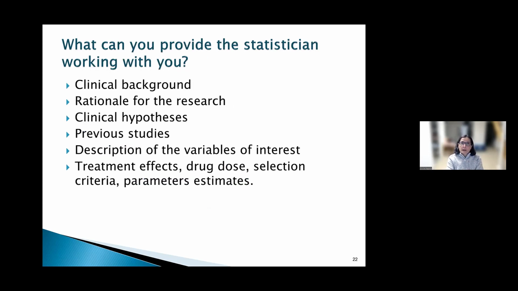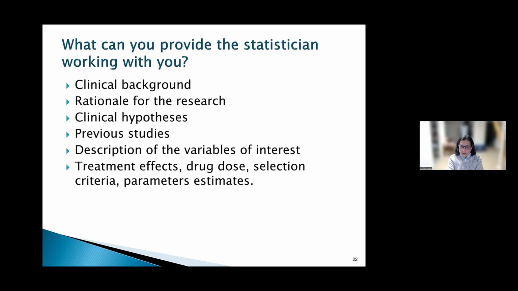So how can you help us help you? We need a clinical background. We need to know where you're coming from, what you're doing, why you're doing this, what is the research that you're doing. We need to know what is the rationale for the research that you're doing. Are there preliminary data? Are there pilot data?